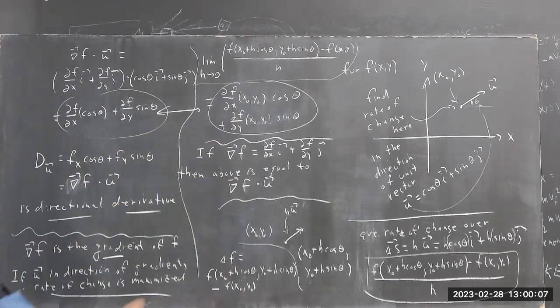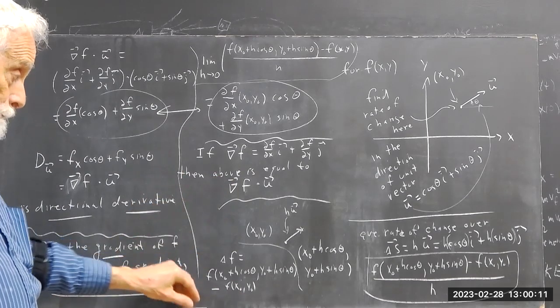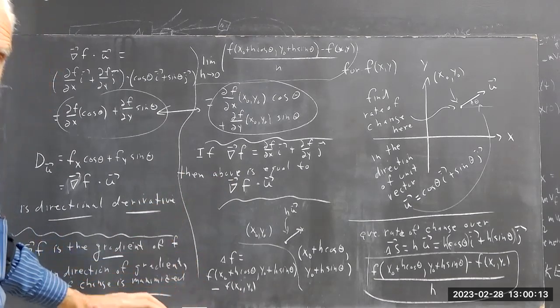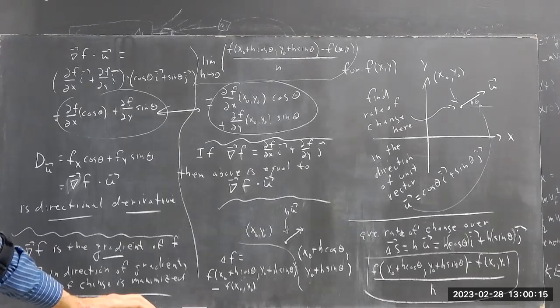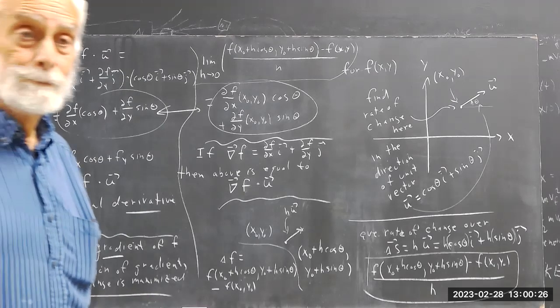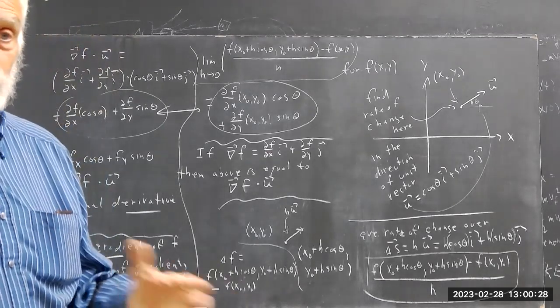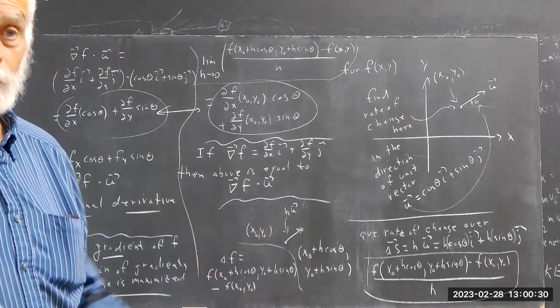Now, in physics, just a quick mention for those who are in physics, and also for the benefit of those who still have to take physics. The easiest example to understand is heat flow. Heat flows from high temperature to low temperature.